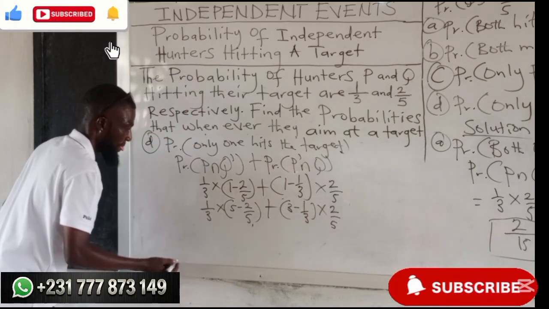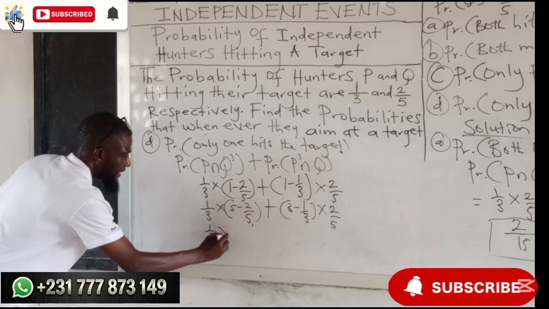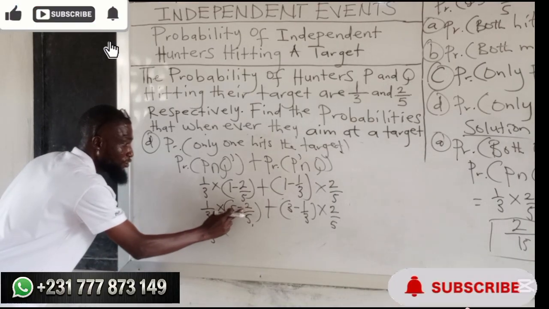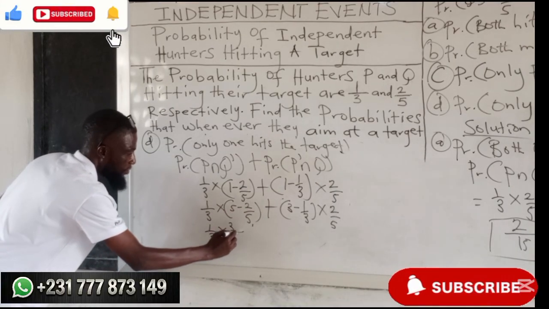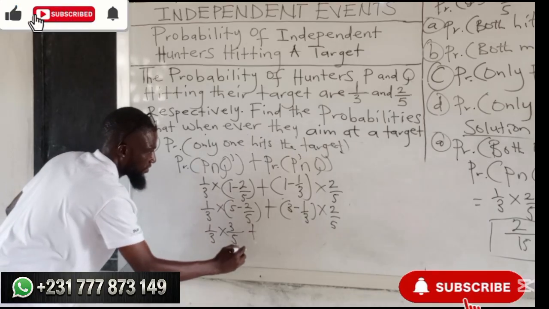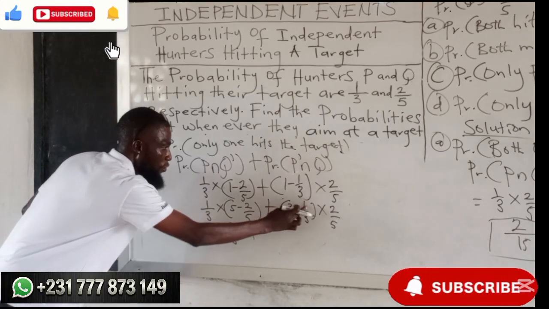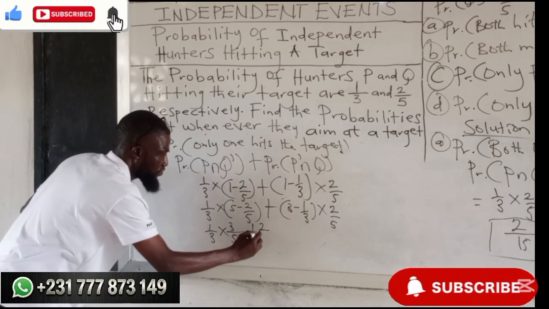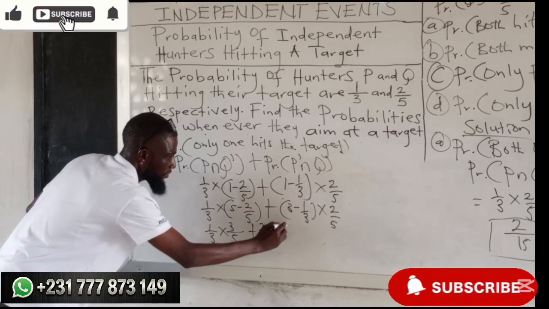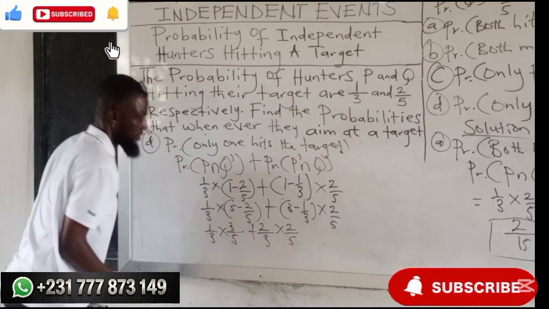What do we do? We say 1 over 3 times, if we subtract 2 from 5, we have 3 over 5, plus, if we subtract 1 from 3, we have 2 over 3 times 2 over 5.